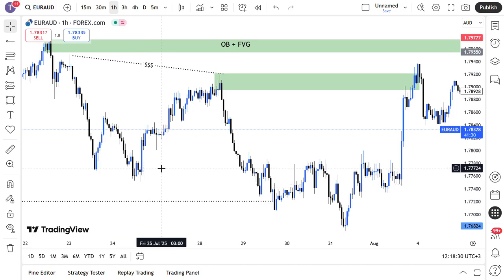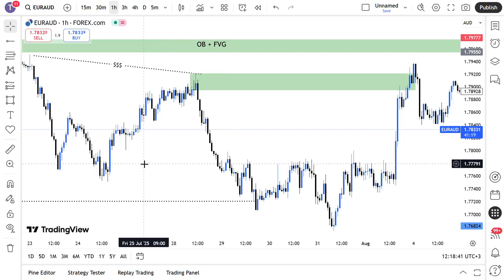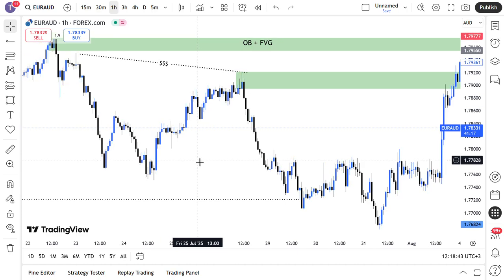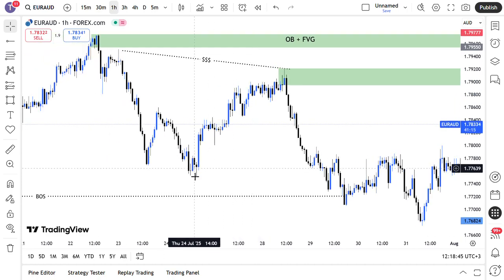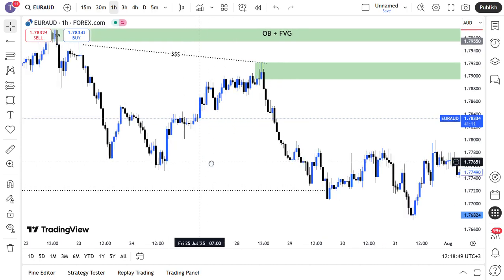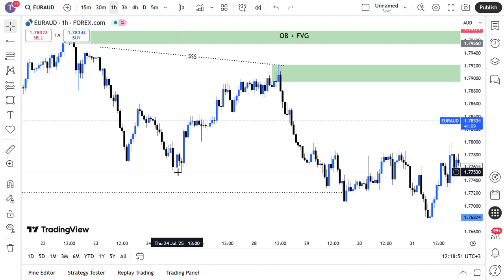So the market will always give you each and every good reason to buy from a zone, because the smart money understands that you will be trying to buy from this order block because it is a valid order block, and the order block has also swept liquidity.